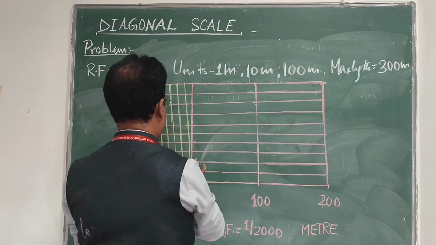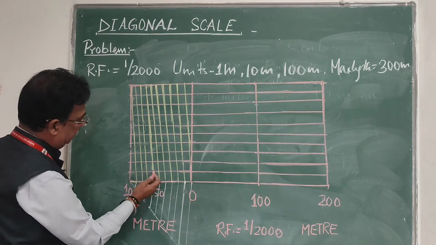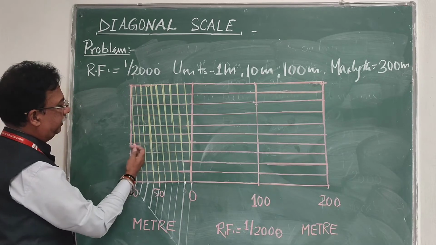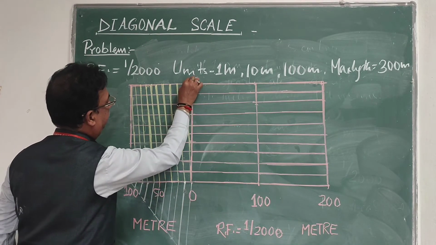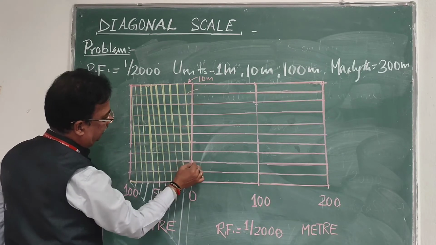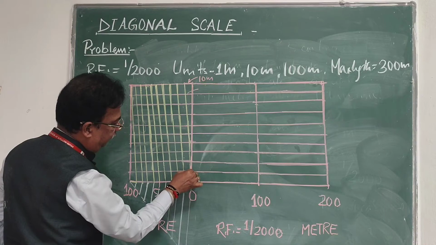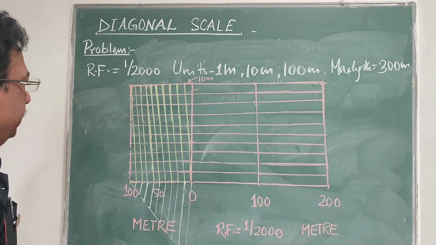So now look at this figure. This is the first part. In this figure, all these lines are tilted towards the left side. So if this distance will be 10 meter, then the next distance will be 9, and in the same way this small gap in the first division will be equal to 1 meter length.